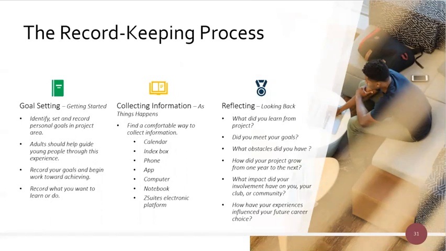All right, and then collecting that information. You mentioned some of the ways you collect information. You have to find the system that works best for you and your family, because not everybody collects information in the same way. Some examples you could use would be a calendar.